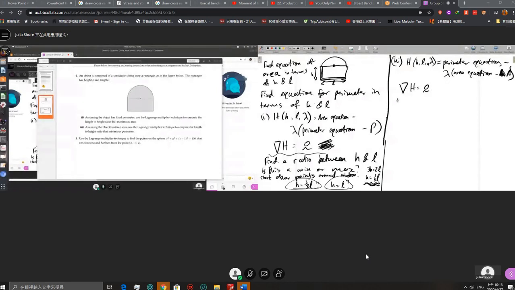All right, is this a minimum? The question asks for a minimum, so it probably is, but we need to actually show that that's the case. So check other points around the solution to see if they are bigger or smaller.